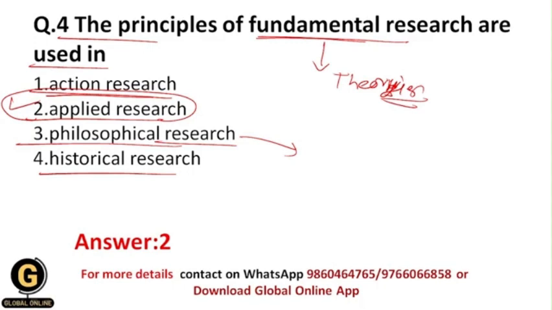So this is nothing but the philosophy of that particular relationship between the variables, or philosophy of that particular data, like how that data has been discovered in this world. What are the roots of that data? This is nothing but the philosophy. So all of these things are studied in philosophical research.